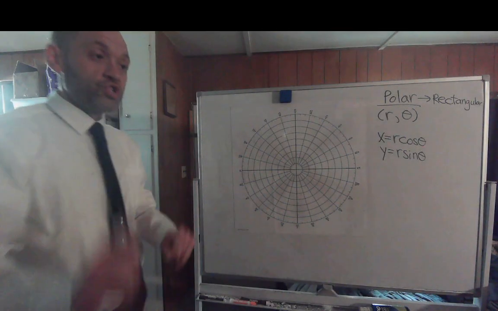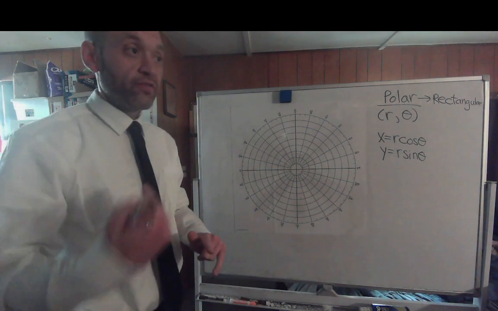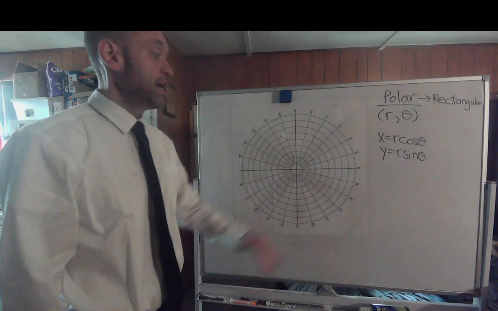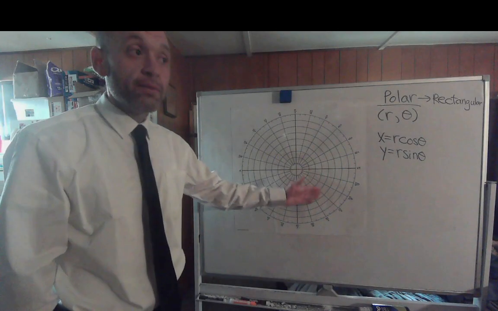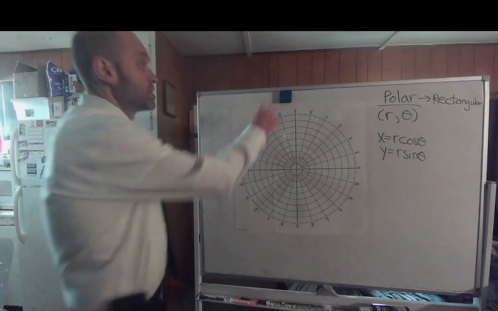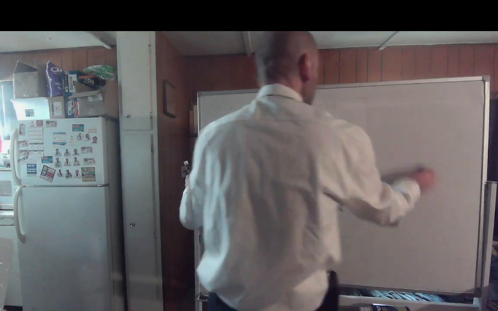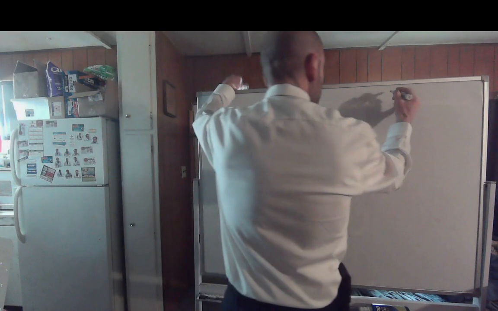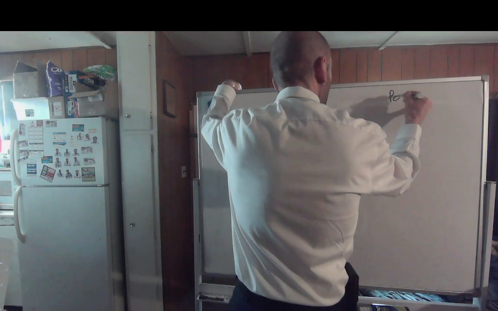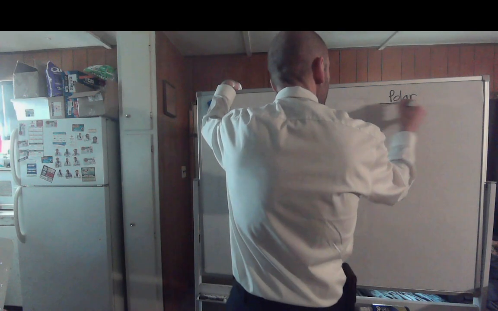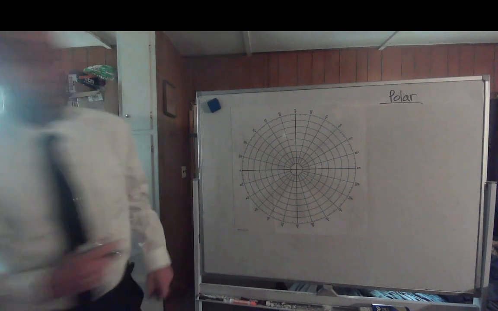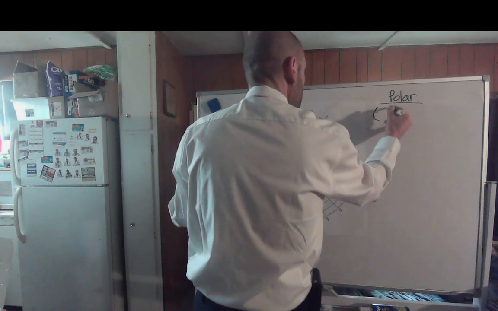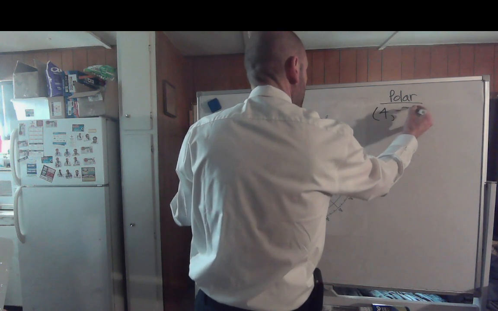But what holds true like before, when we were converting from rectangular to polar, is that whatever quadrant you are in with the polar, you should end up in that same quadrant in the rectangular. So let's start there. We're given a polar coordinate of 4, negative pi over 3.